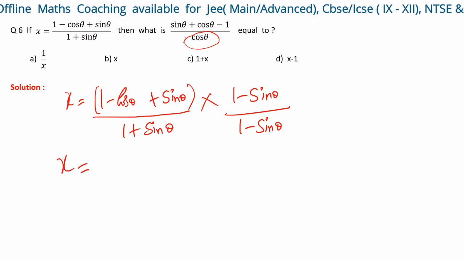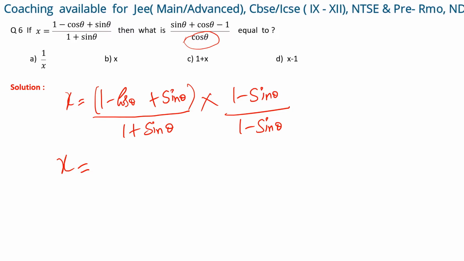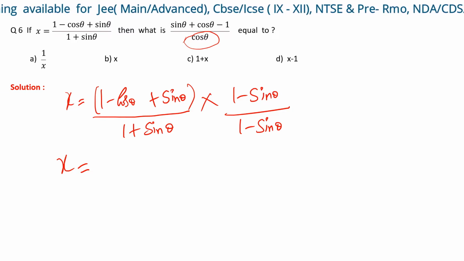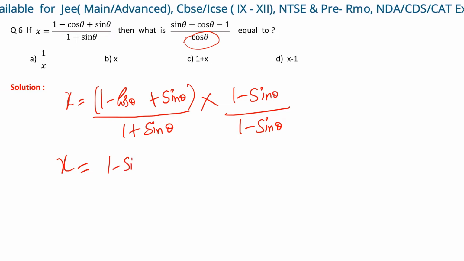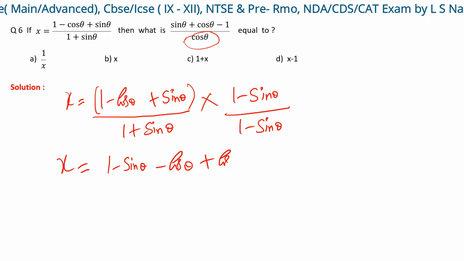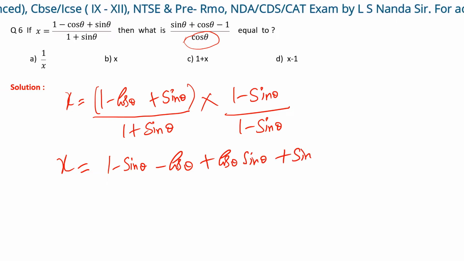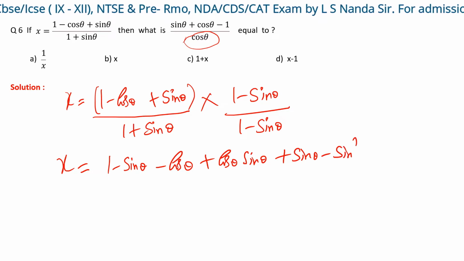So x becomes, now let us multiply the terms in the numerator. We'll be getting 1 minus sin theta minus cos theta plus cos theta into sin theta plus sin theta minus sin square theta.